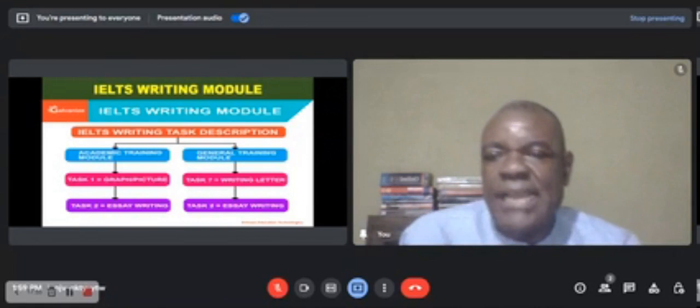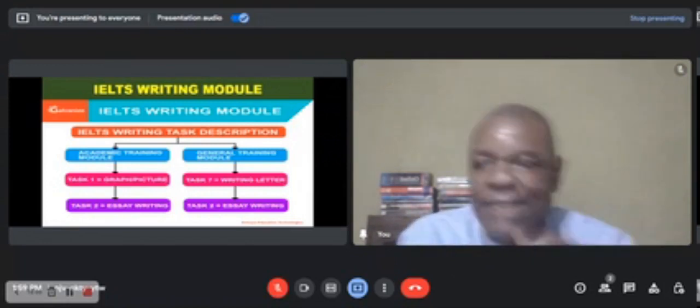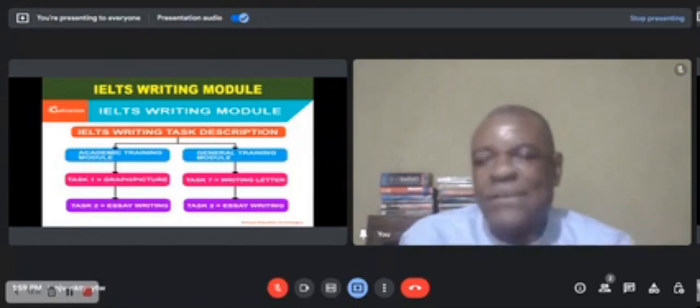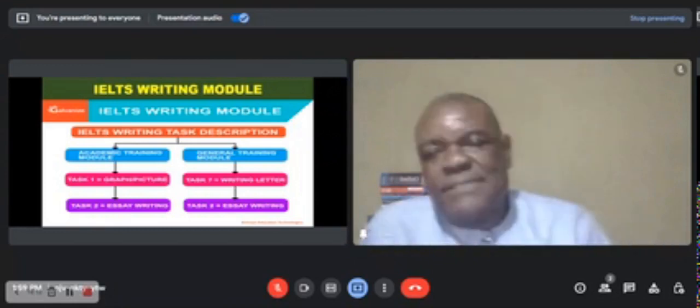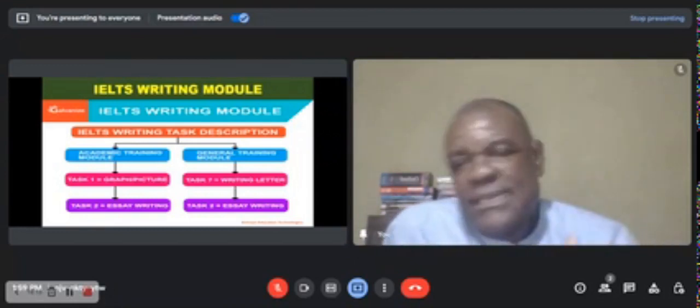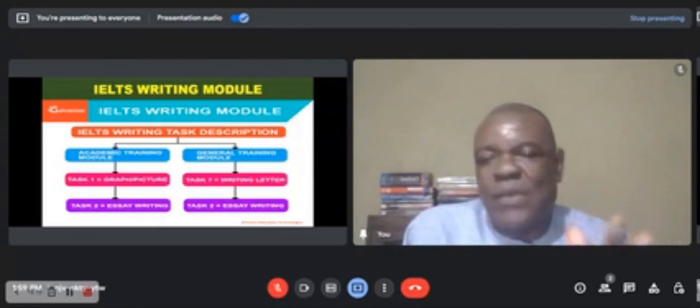Now, the IELTS writing in terms of both sides, for the academic, you have task 1, which is graphic. You are given a graph or picture to actually summarize or analyze. And then in the general, you write a letter in task 1, write an essay in task 2.